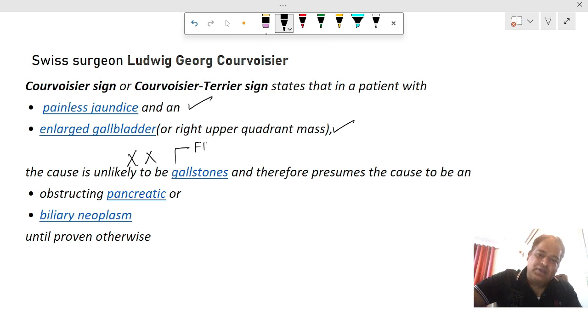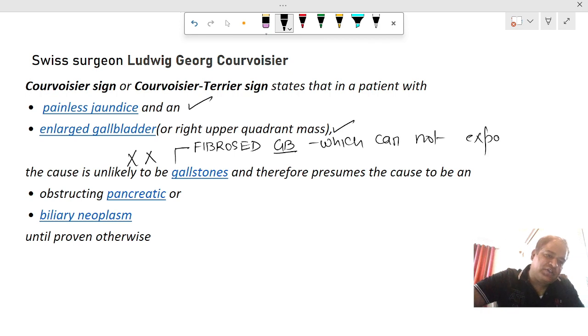Remember, in gallstones, we will have a fibrosed gallbladder which cannot expand, which cannot become palpable. So therefore, the cause should be an obstructive pancreatic or biliary cancer. Fine.